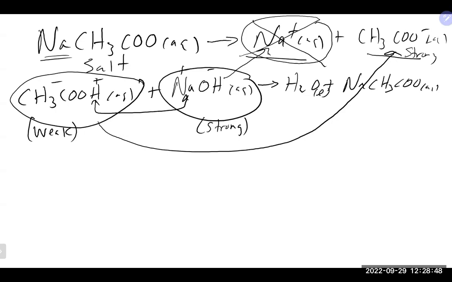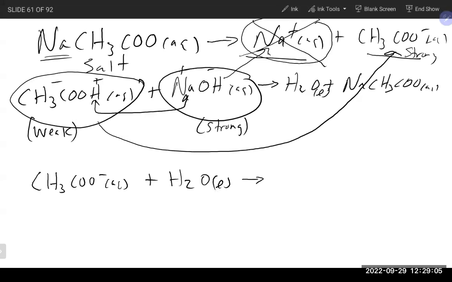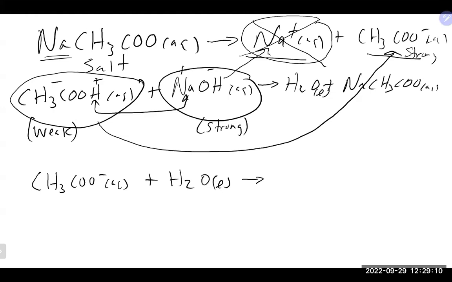So what's going to happen when we have this salt is it's actually just going to be the acetate part that is going to react with water in a process known as a hydrolysis reaction. The other thing that people have a really hard time figuring out is what happens when it reacts with water. So knowing where it came from can also help you.